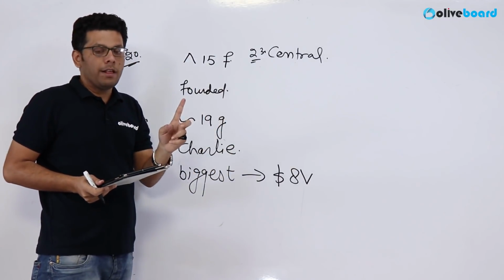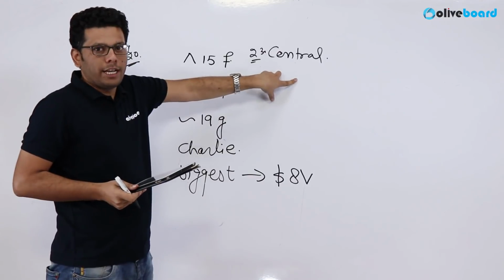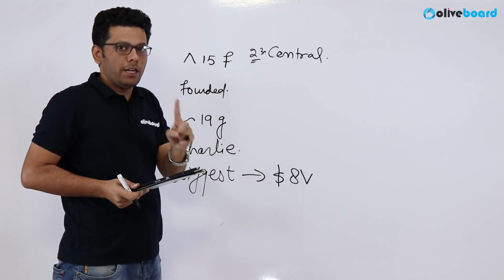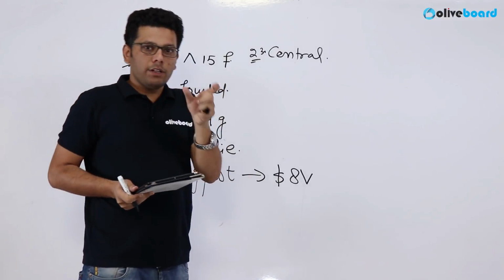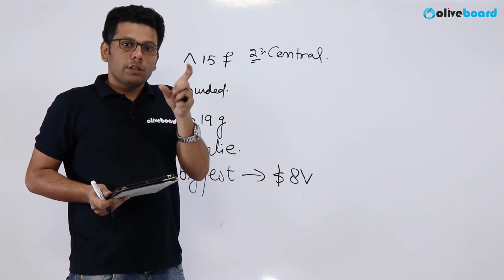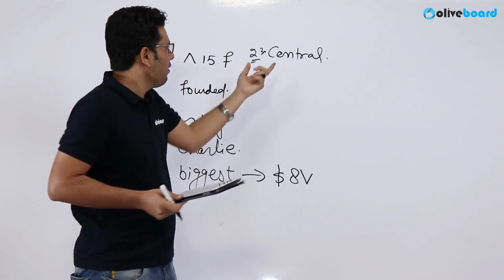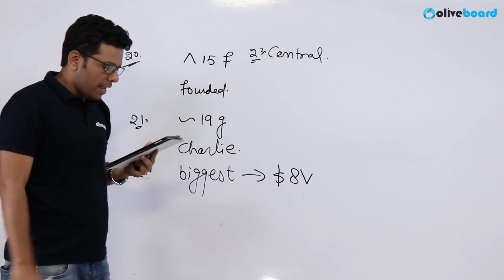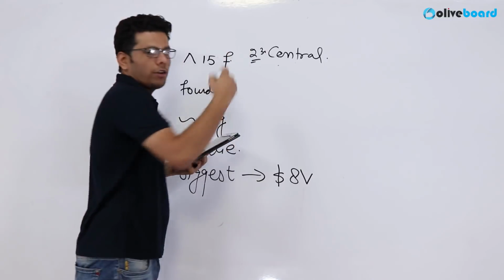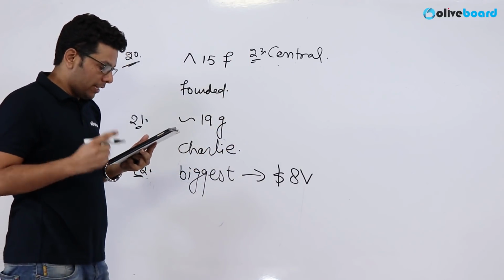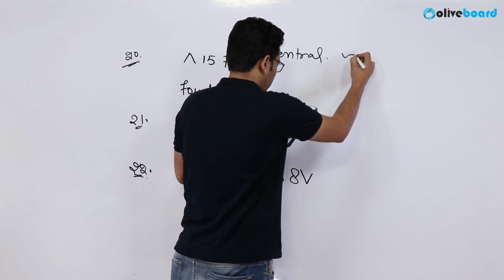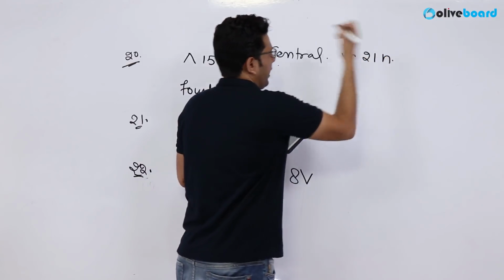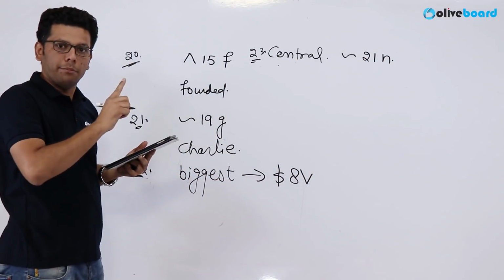Only with an odd number of letters will we have a middle, otherwise we will not have the middle. So here we need the code for central, and this code of central would be epsilon 21n, according to the same pattern.